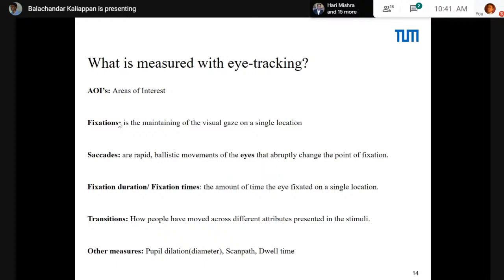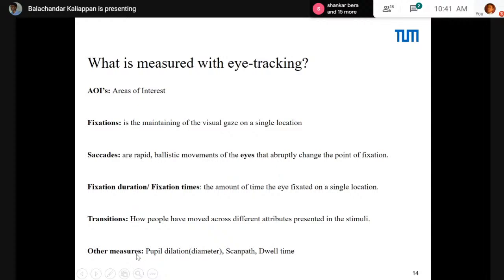You will also rapidly move your eyes, and when you rapidly move your eyes, that is called a saccade. How long you stay at one place is called fixation duration or fixation time. And if you're moving from point A to point B and point B to point A, that is called a transition. You will understand a bit more about that in an example.